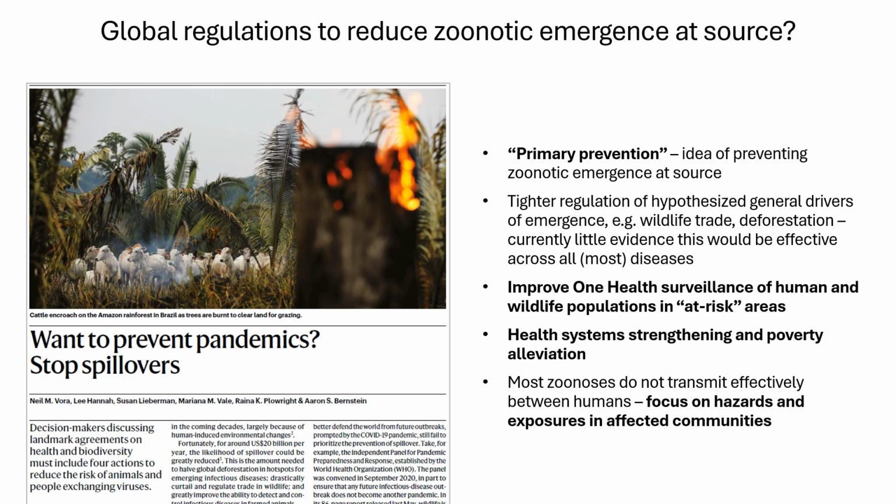I think currently there's little evidence that this would be consistently effective across all diseases, and it doesn't take into account the interactions and feedbacks among drivers that much. But there are some really important insights in here, right? Both about health system strengthening and the importance of poverty alleviation, but also the importance of improving One Health surveillance of human and wildlife populations in those at-risk areas.